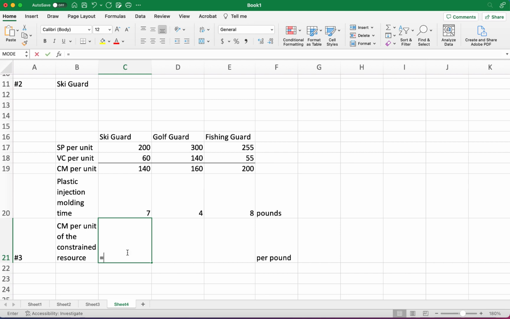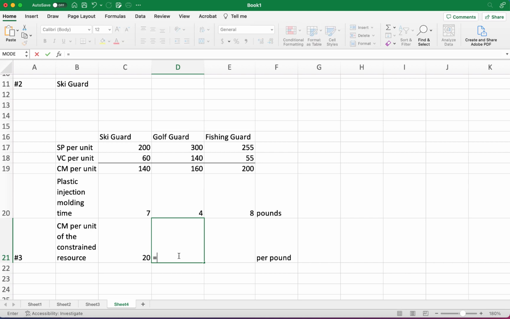So all we have to do is divide. We take the 140 and we divide it by the 7 pounds of plastic that it takes to make a ski guard. We get $20, okay?